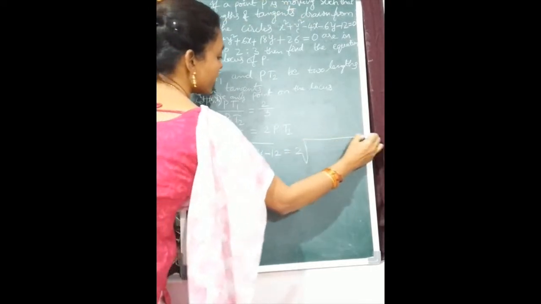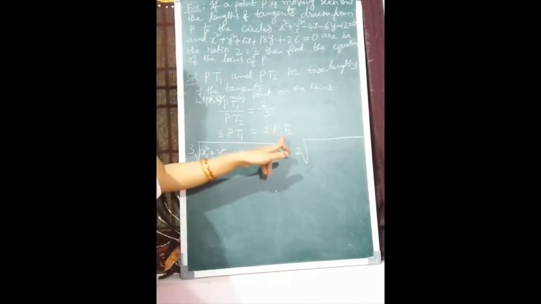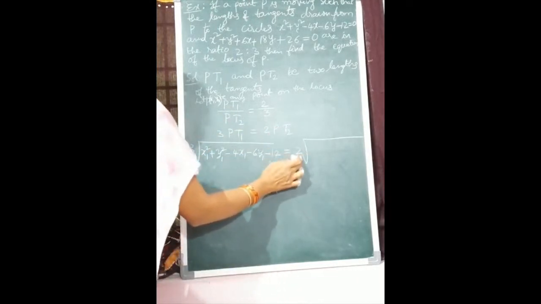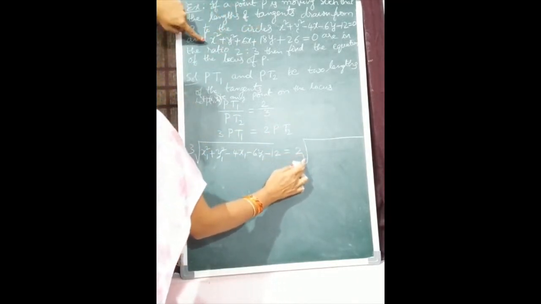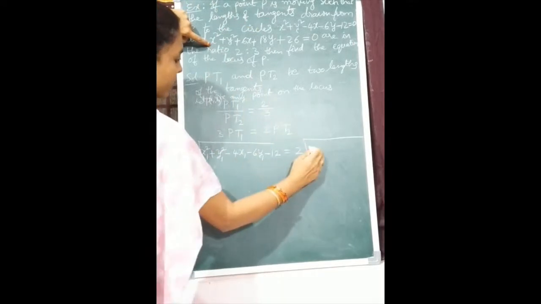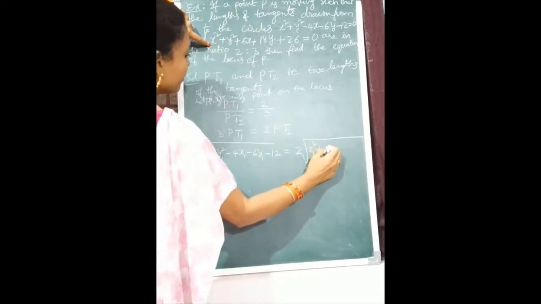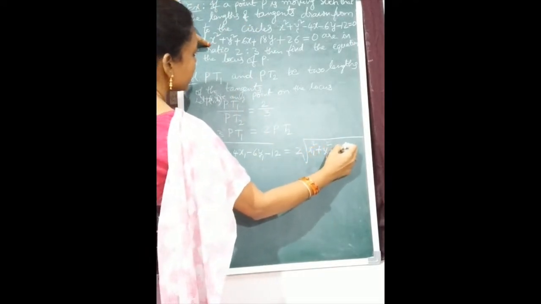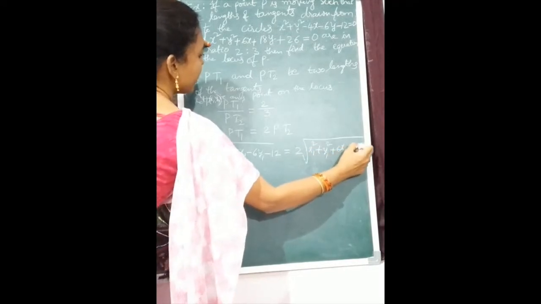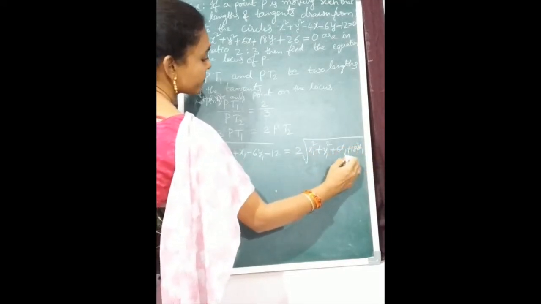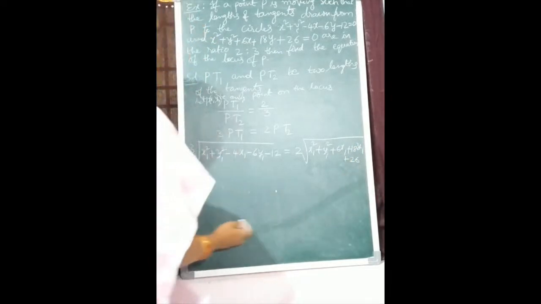2 times PT2, the other length of the tangent, 2 times root of the other given circle: x1 square plus y1 square plus 6x1 minus 18y1 plus 26.